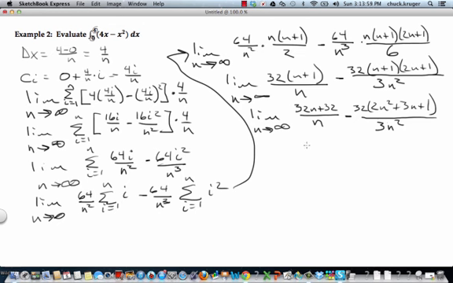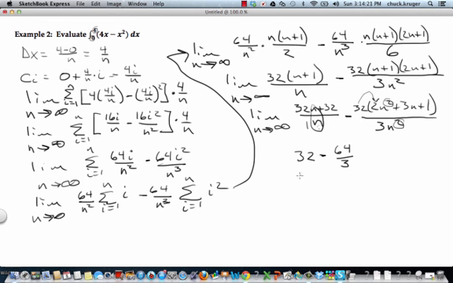Now, notice the leading coefficients here. The degrees are the same, so I'm going to get 32 minus. Now, when I distribute this 32, that's going to be 64, and the degrees here are the same, so the leading coefficients will be 64 over 3.